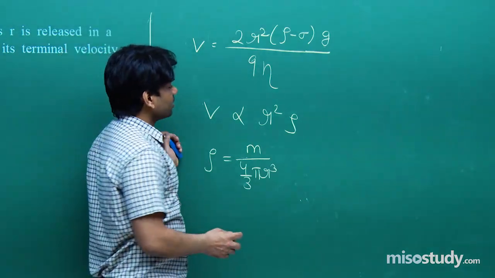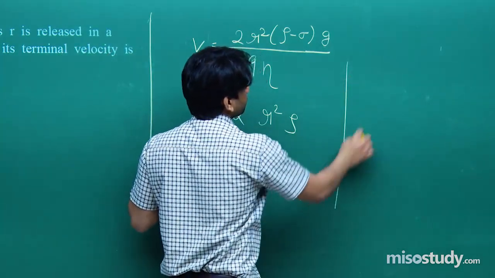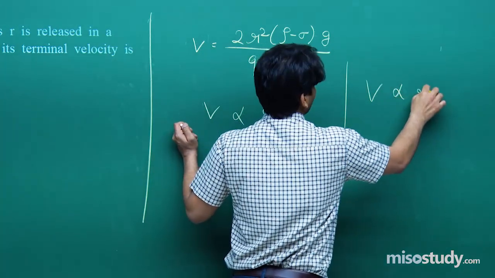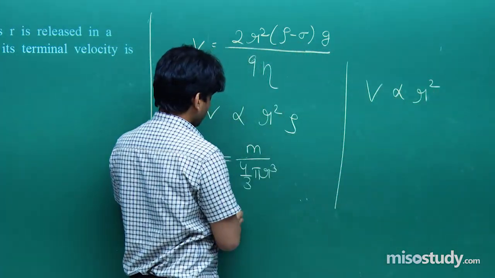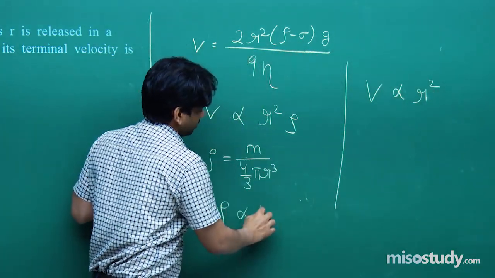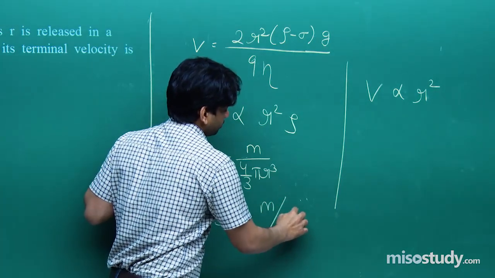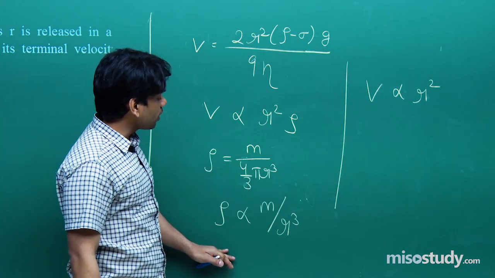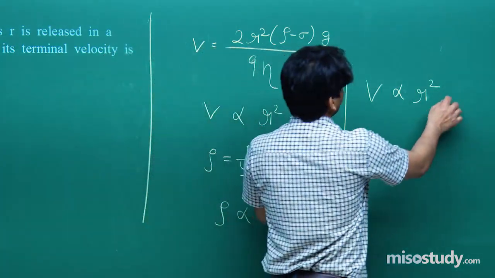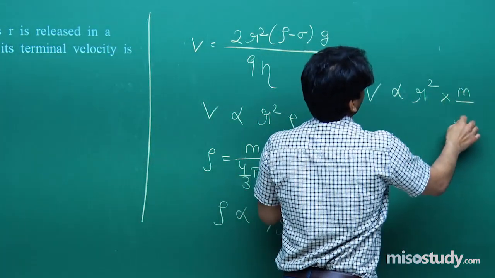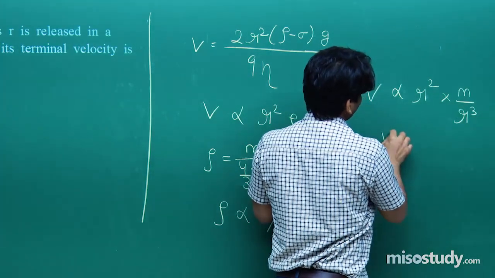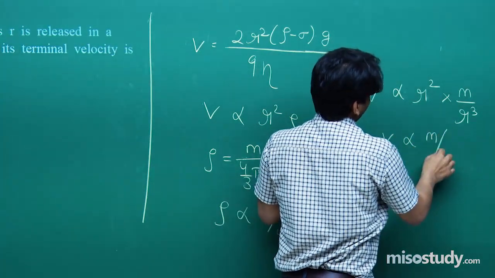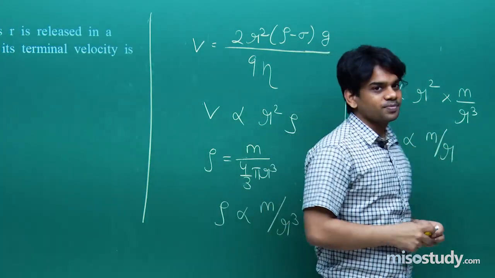So velocity is proportional to r square times rho, which is proportional to m upon r cube. Finally, you substitute here m upon r cube, and you will get velocity proportional to m by r.